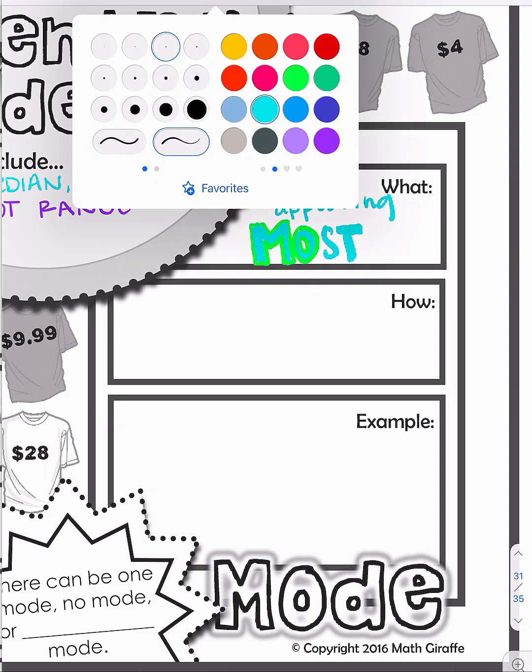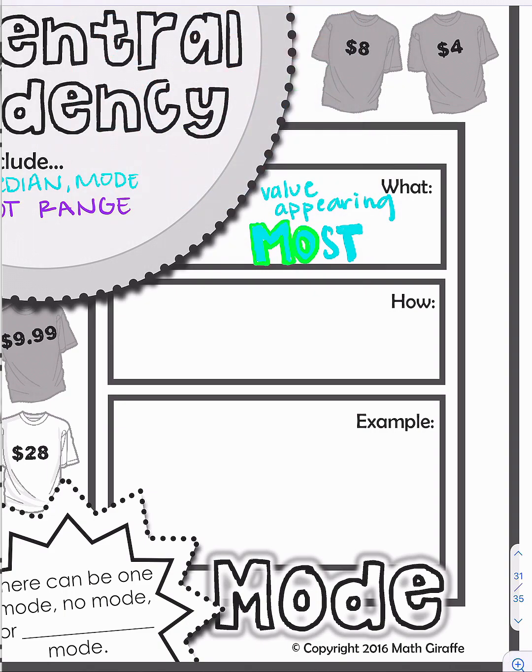Okay, so again, let's talk about how we find the mode of our data set. This one's actually really easy because you are just going to count.